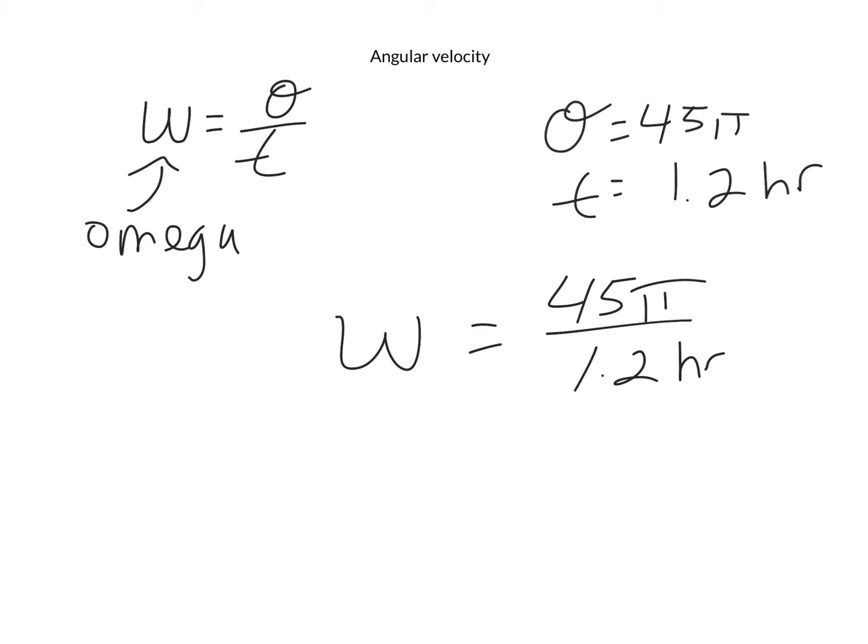And if you divide those two, you're going to get approximately 118 radians an hour. Or you might write it like, if you did 45 divided by 1.2, you would have got 37.5 pi. Same thing, radians an hour.